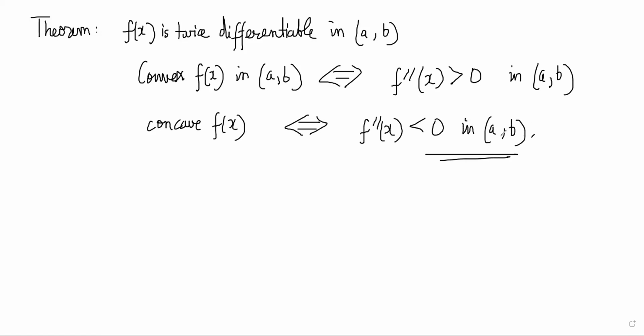So that is our definition of concavity and convexity. And now from there, we can derive Jensen's inequality.